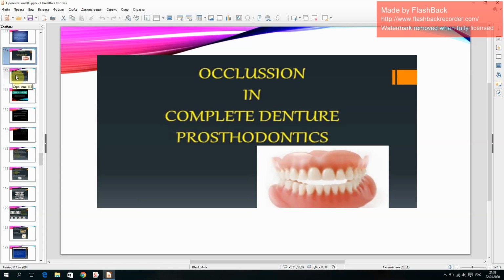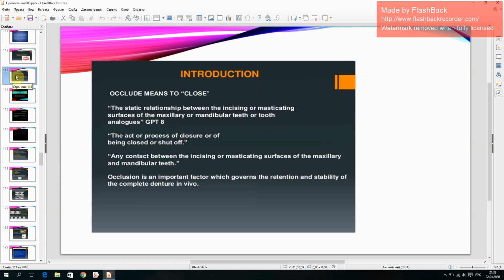Occlusion in complete denture prosthodontics. Introduction. Occlude means to close. The static relationship between the incising or masticating surfaces of the maxillary or mandibular teeth or tooth analogs.